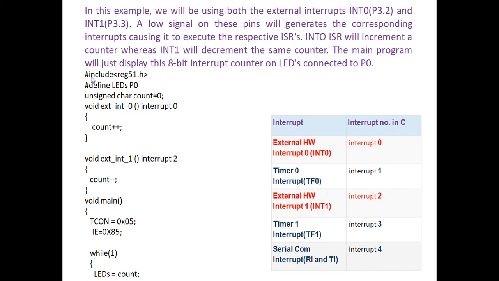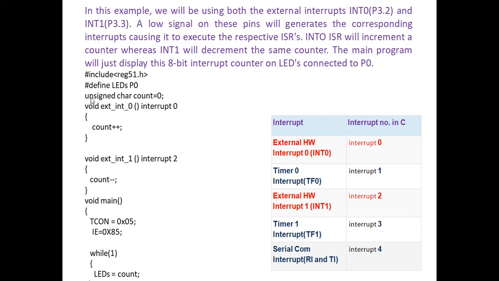Now we come to the main program. In the header file, LEDS is defined as P0, because I want to access all the pins of P0. So P0 is assigned another name, LEDS. Then unsigned char count equals 0. Why?